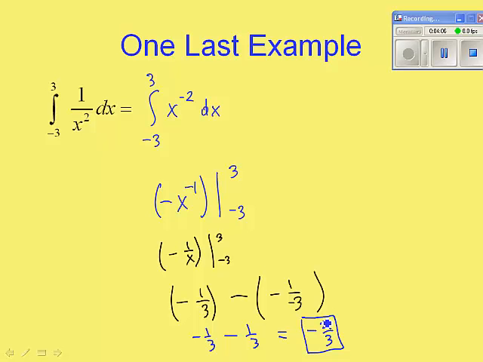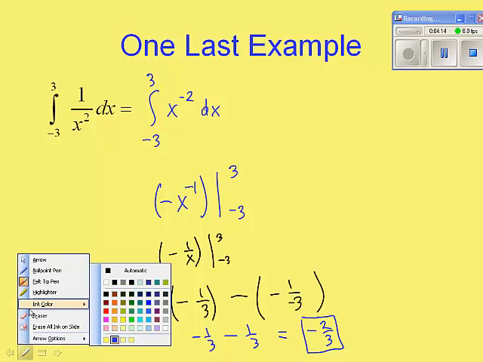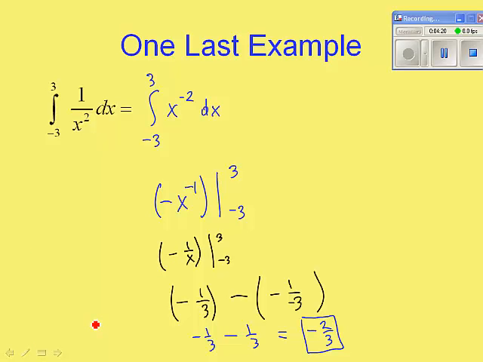I don't like that. You know why I don't like that? What's not continuous? That's the problem. The reason I don't like it is because this function here, f of x, is 1 over x squared.